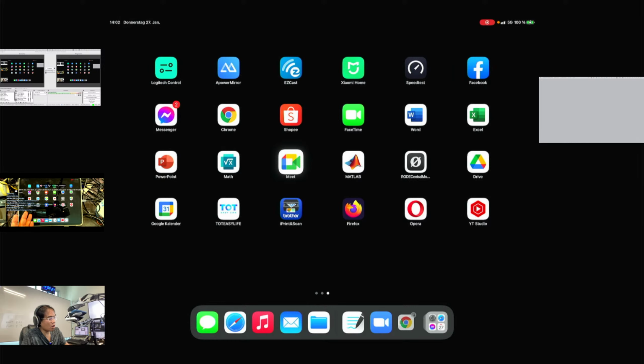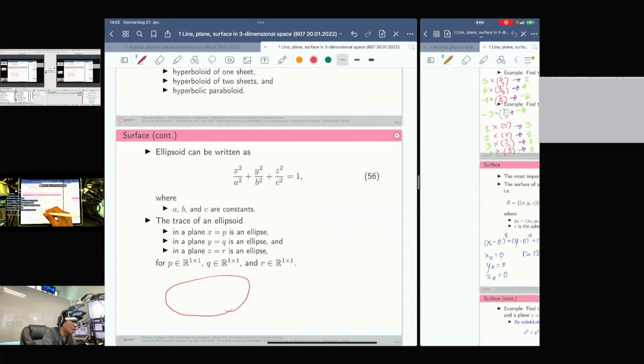The trace of an ellipsoid on the plane x equal to p is an ellipse. What does that mean? You have the three-dimensional version of the ellipsoid and you cut it along x equal to p, which means a plane like this.